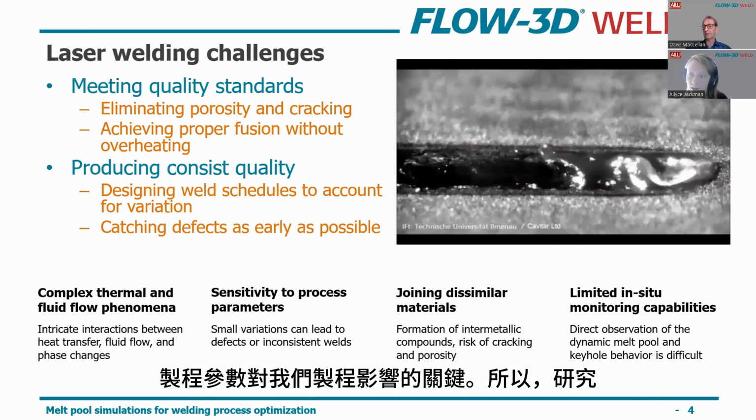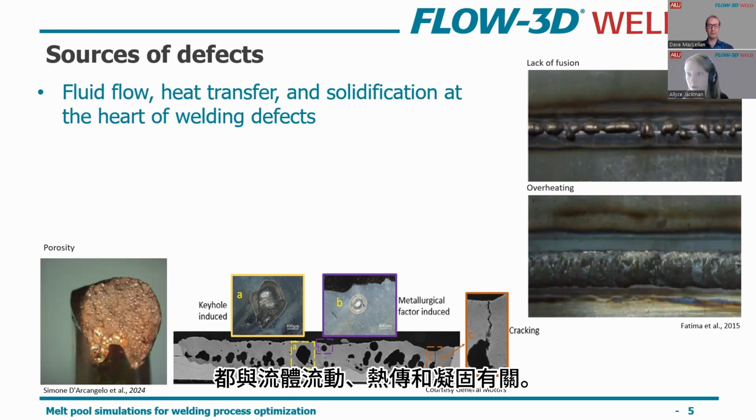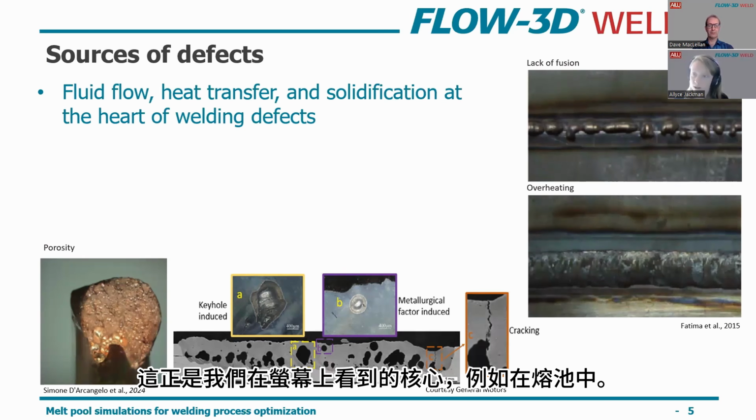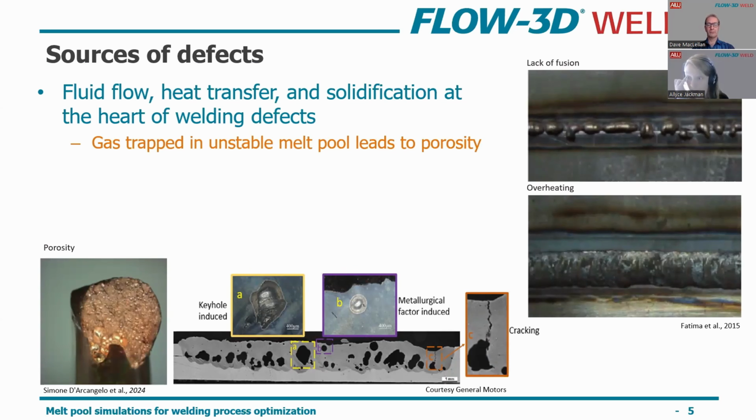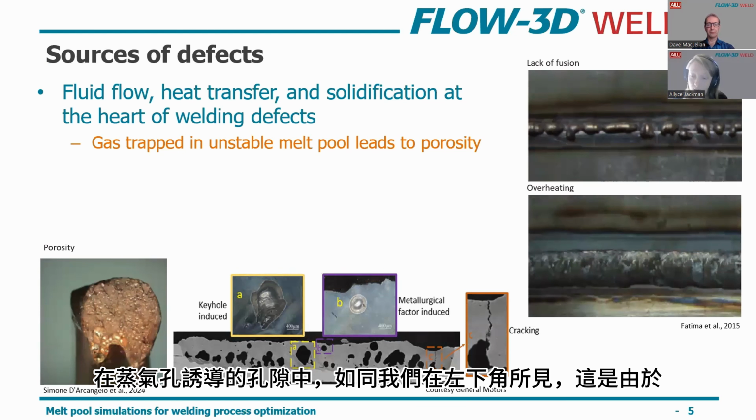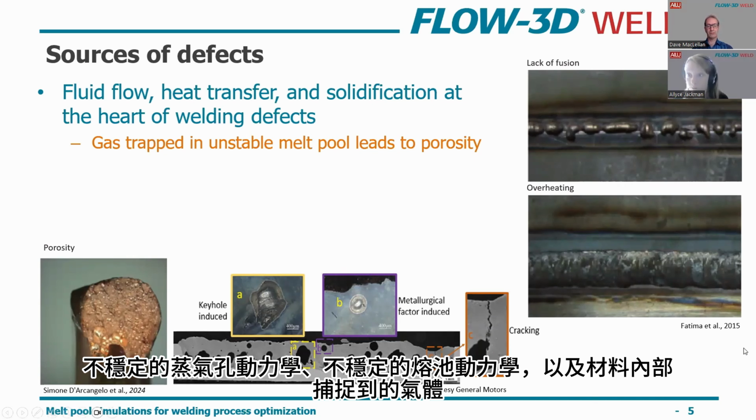So looking into any sources of defects, the commonality amongst pretty much all of these kinds of defects that we see in the joint fusion itself is that they are related to fluid flow, heat transfer, and solidification. That's at the heart of what we see on the screen here, where, for instance, keyhole induced porosity, like we have on the bottom left here, is due to unstable keyhole dynamics, unstable melt pool dynamics, and then gas being trapped inside of the material.